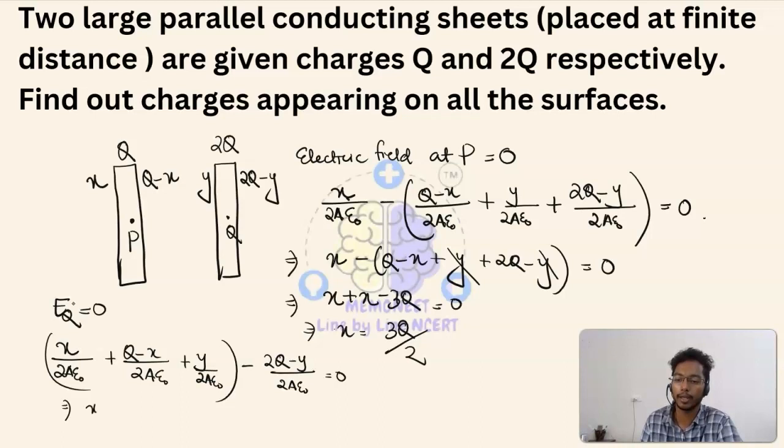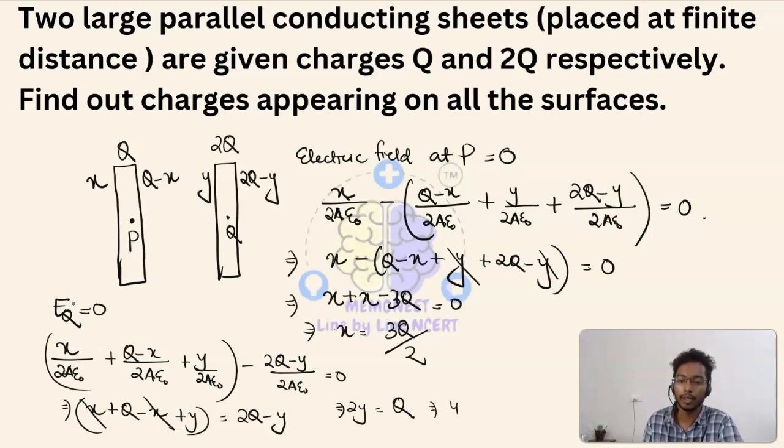So we can write x plus q minus x plus y will be equal to 2q minus y. Okay, so here x and x cancel out, and this is 2y will be equal to q, and y will be equal to q upon 2.